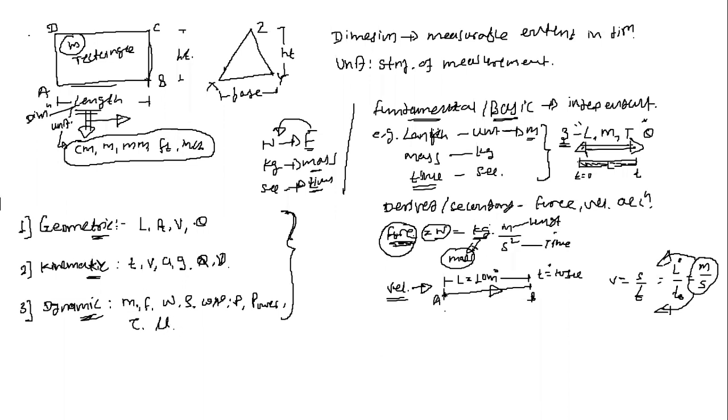Out of all three groups, the fundamental quantities which we are considering are the mass, length, and time. Mass, length, and time are the fundamental quantities or the fundamental dimensions.